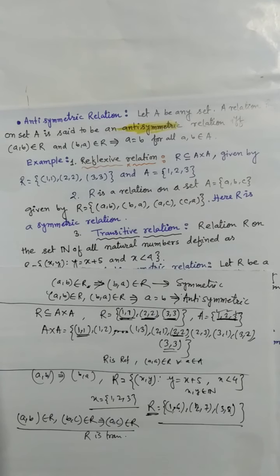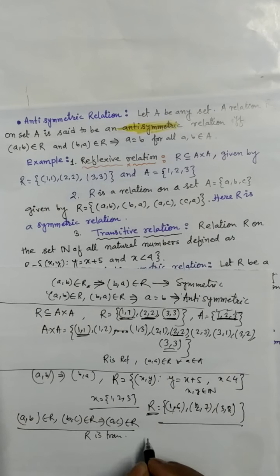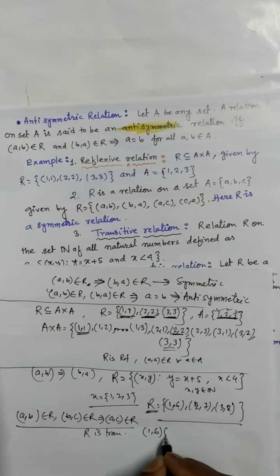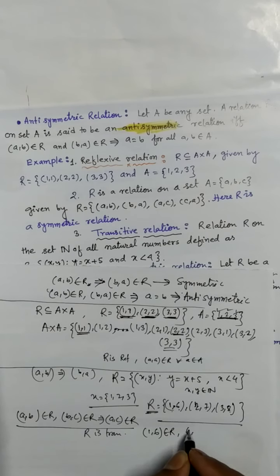Students, this one is a special case: (1, 6) belongs to R, but there is no element in R with 6 as the first element.